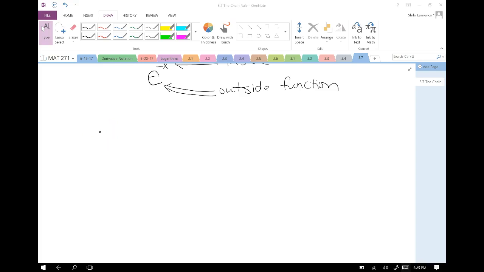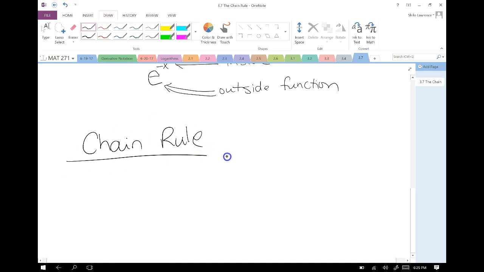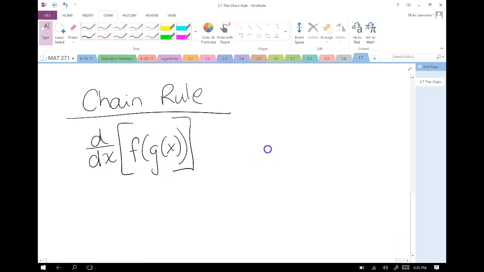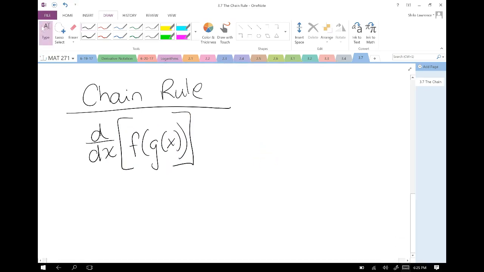So technically, the chain rule says if you want the derivative of f of g of x, this is my preferred way of writing it, but then I'm going to show you another way. First, you're going to do the derivative of the outside function, which is the f.